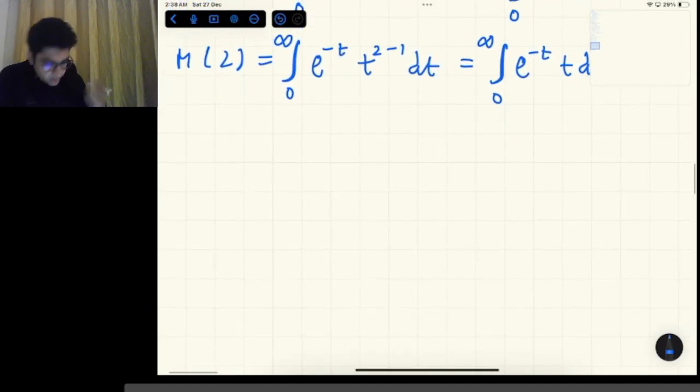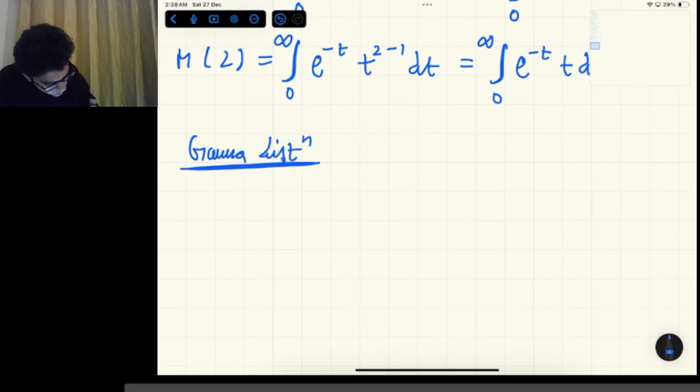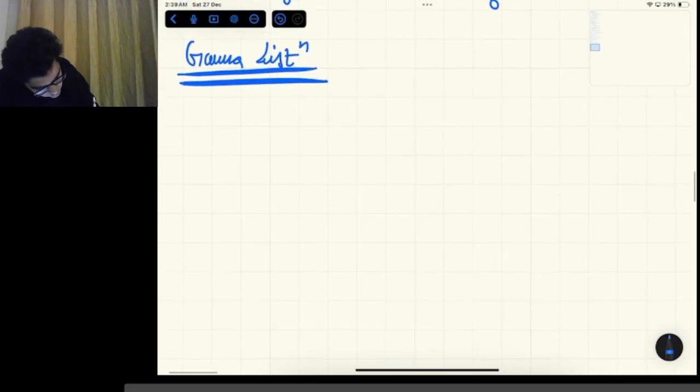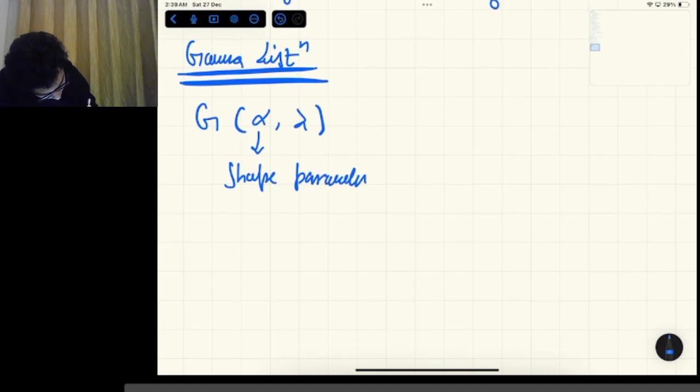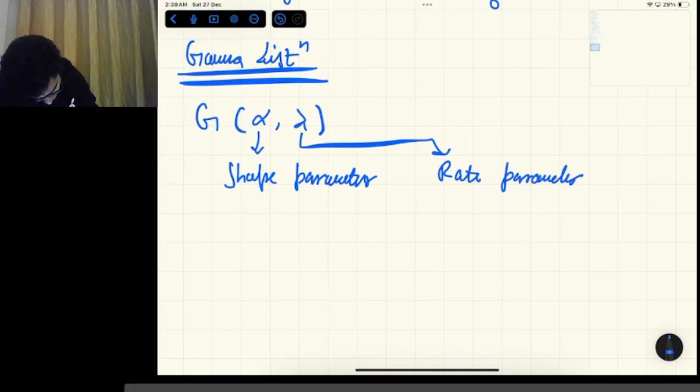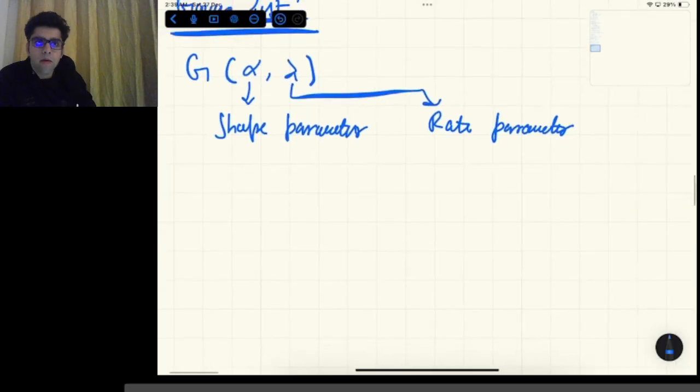Now let's start with the gamma distribution. The gamma distribution has two parameters. This is the shape parameter alpha, and this is known as the rate parameter lambda, right?